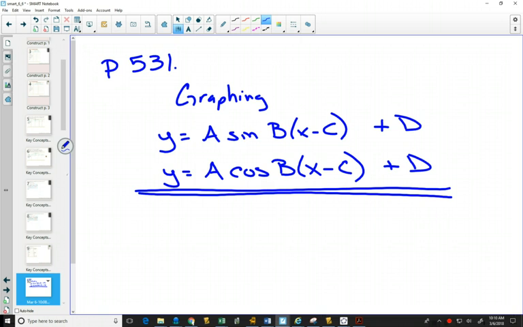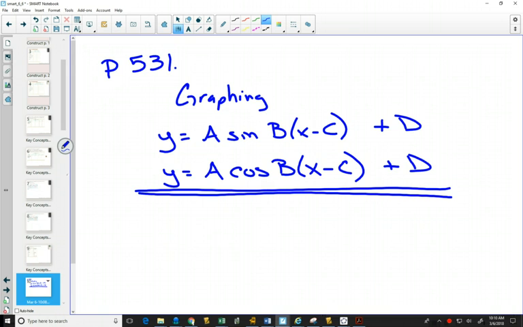And so if we think about what we saw in 6.5, we're at 6.6 right now? Yes. So if you think about what we saw in 6.5, that there was a connection between the A value, your vertical stretches, and the amplitude.